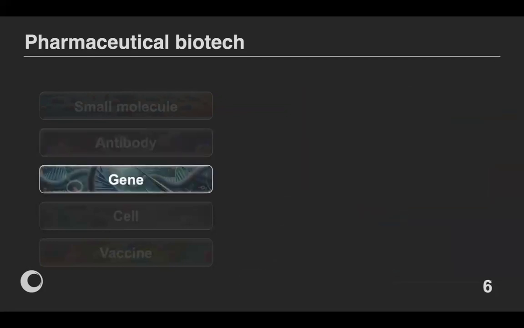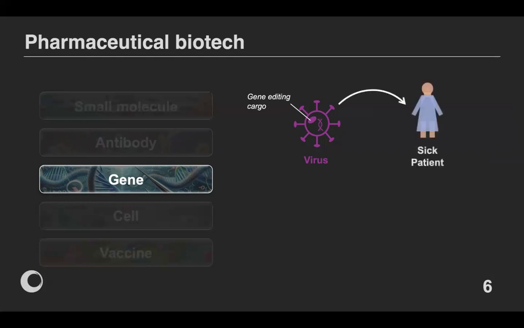And so the third main industry I'm going to do a deep dive in is the gene therapy space. The idea behind gene therapies is that you're going to have some sort of virus that carries some sort of gene editing cargo. This can be, for example, CRISPR editing technology that you can introduce into a sick patient.